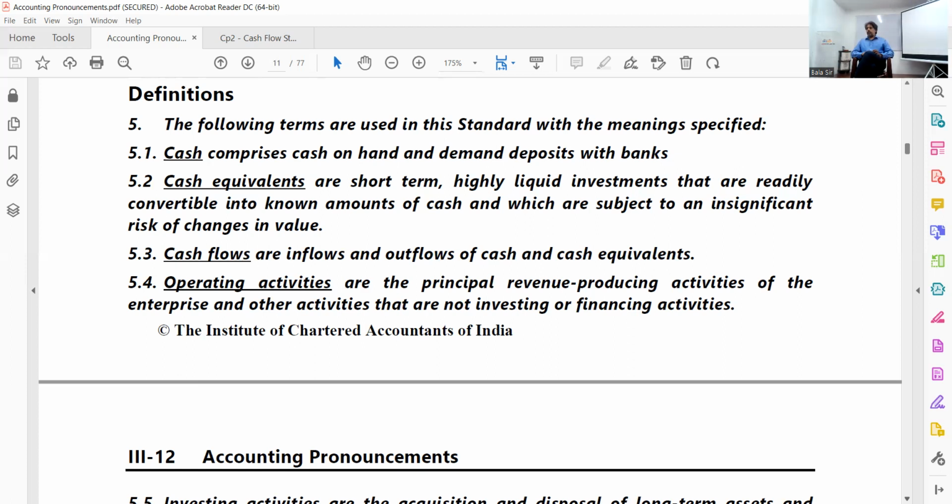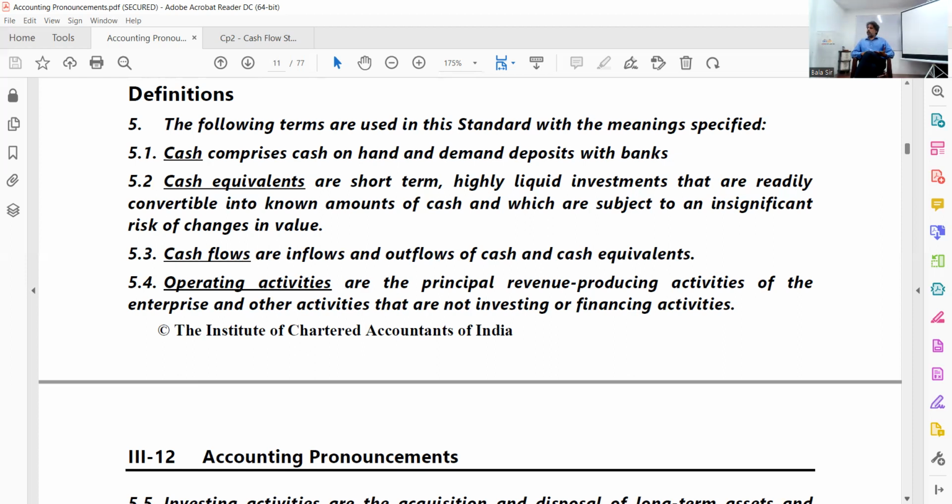And then next, point C: issue of debentures and loan borrowed.